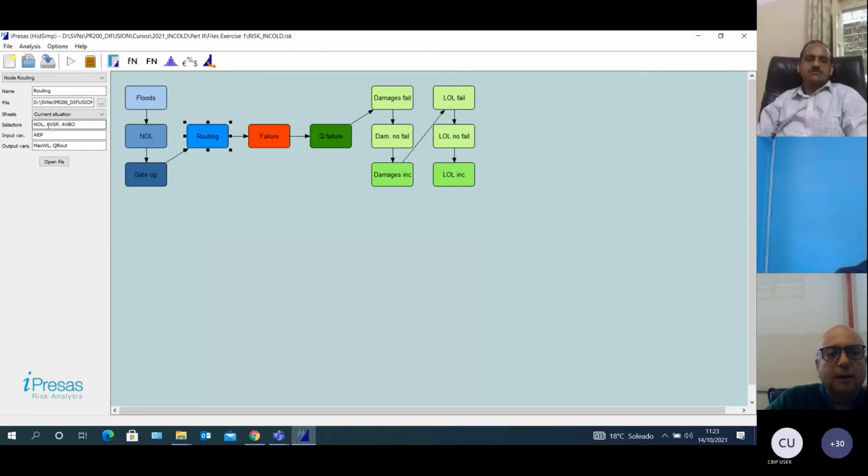Selectors, null, ABSP, ABBO. Failure, gravity dam, 1083 crest level. Discharge, base level 1026, reference level 1083, Q discharge 41,282. The rest is good.